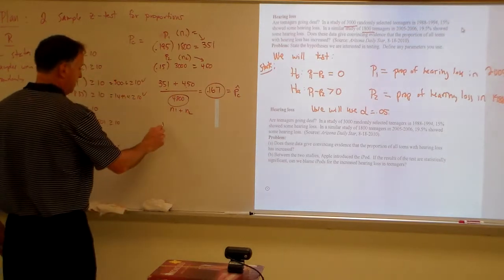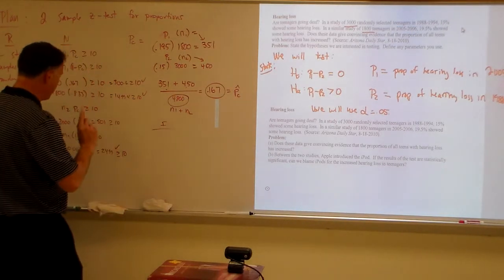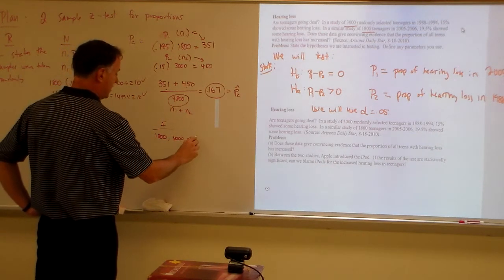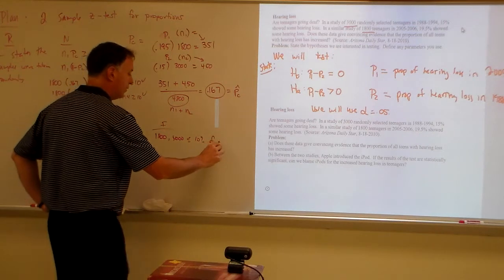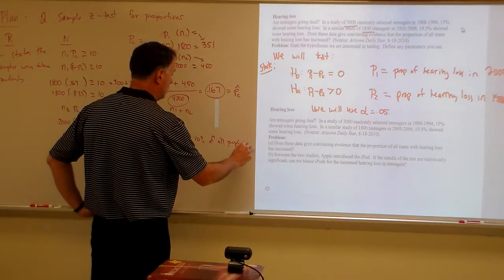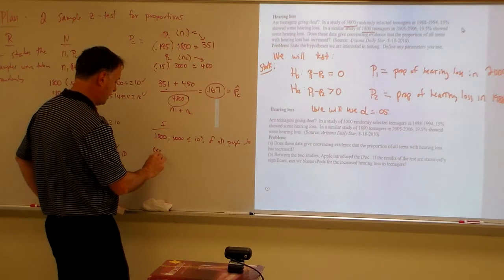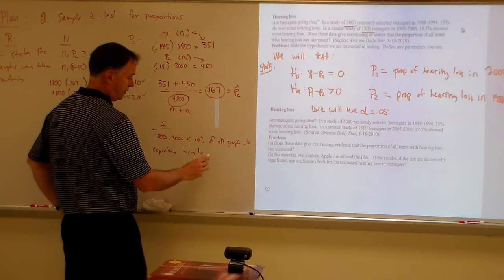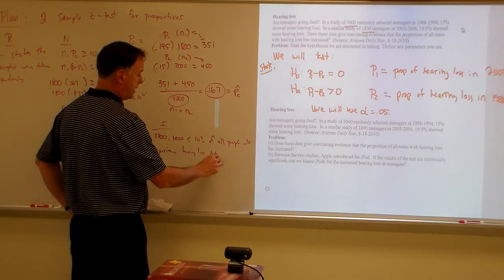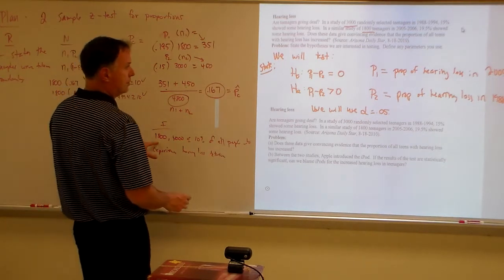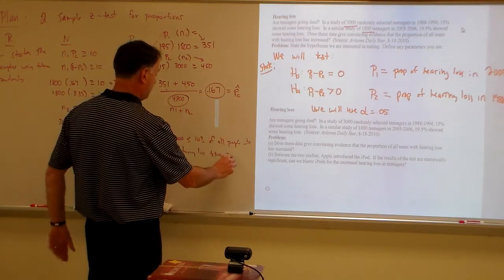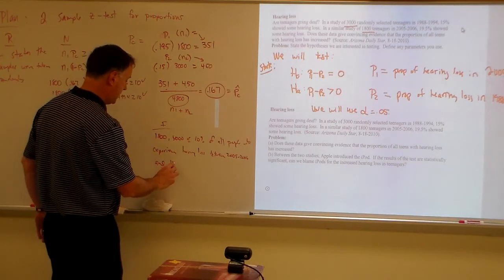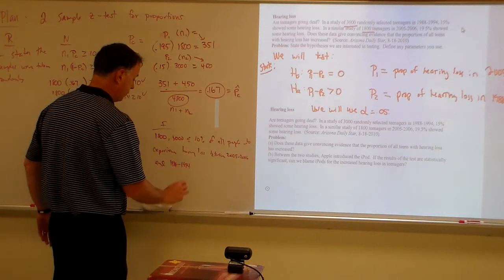So I put down here my independent condition, and we are going to say that 1,800 and 3,000 are less than or equal to 10% of all people who experience hearing loss between, the first one was 2005 to 2006, and 1988 to 1994.